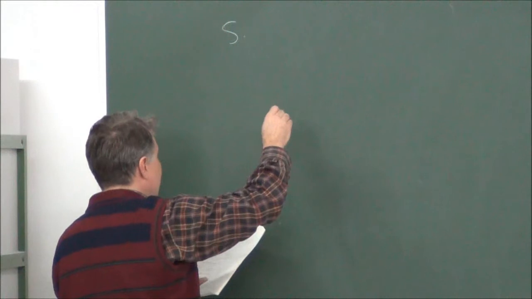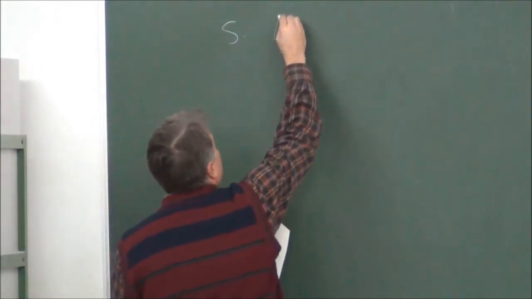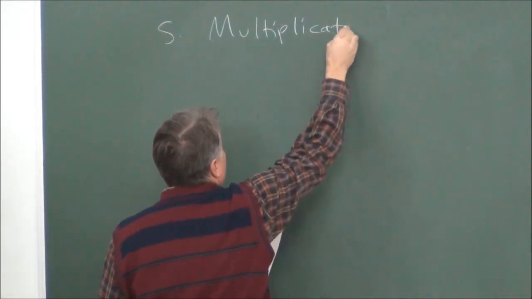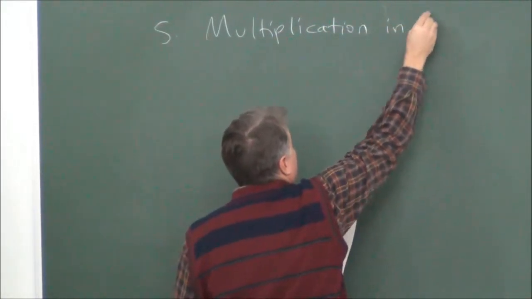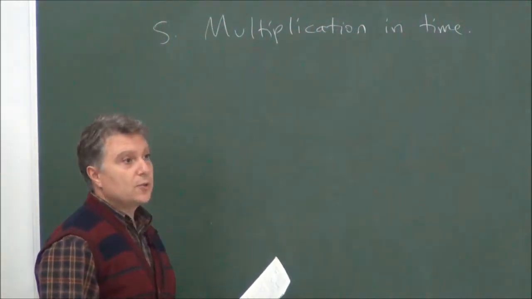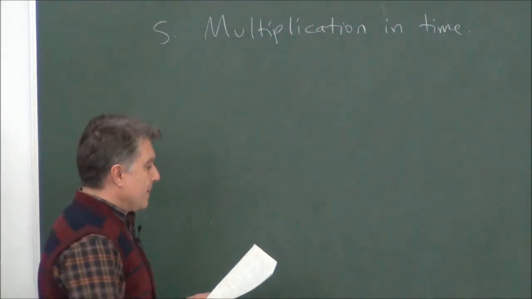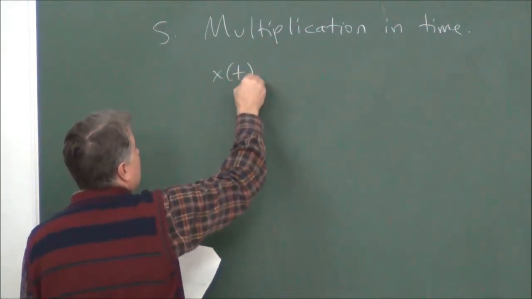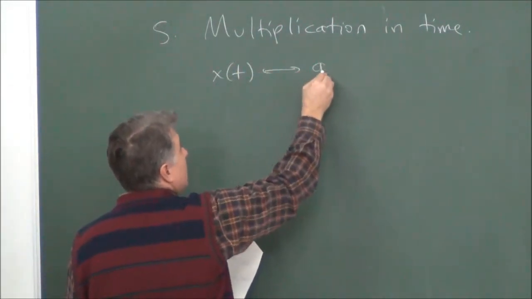The fifth one is a little bit complicated. What happens if you multiply two time sequences? In other words, you have x of t having coefficients a_k.